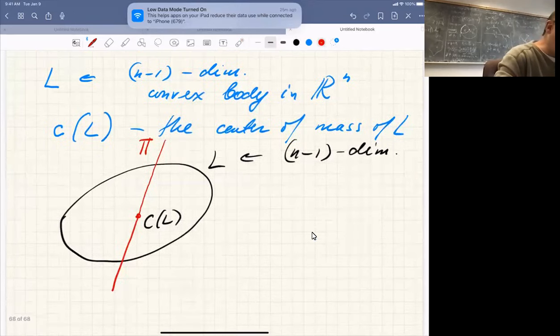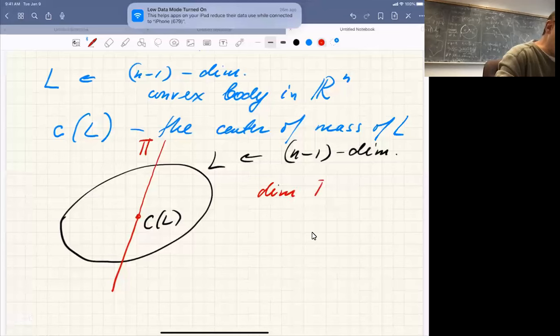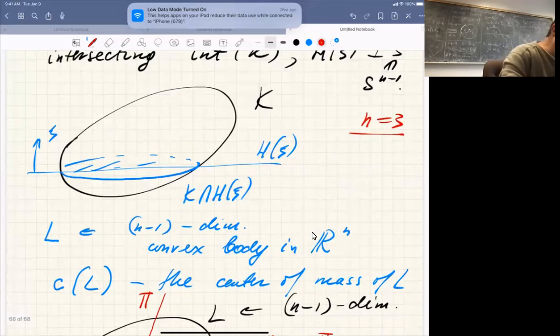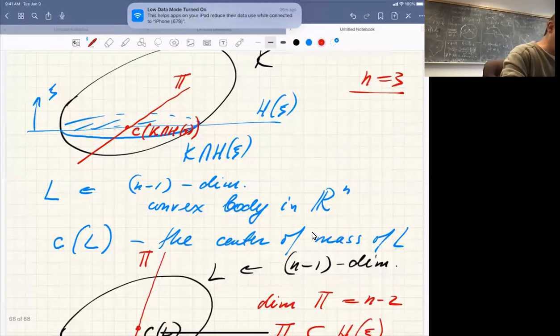Okay. So the dimension of pi is going to be n-2, and pi is going to live, well, heuristically, in H of Xi. So if I come back to my picture here, so this is C of K intersection H of Xi, and I have my pi. Yes. So pi is a subset again of H of Xi.